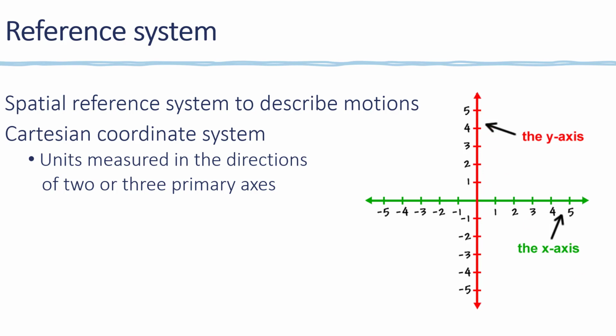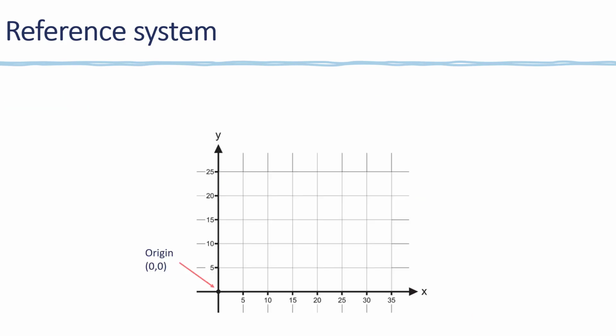So when a movement is 3-dimensional, then the analysis can be extended to the 3rd dimension by adding a z-axis that's perpendicular to the x and the y-axis. So that is a rough sort of explanation of what this Cartesian coordinate system is.